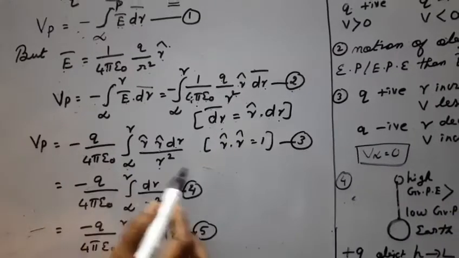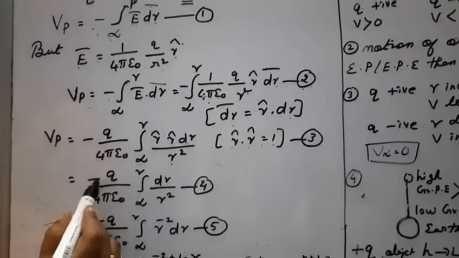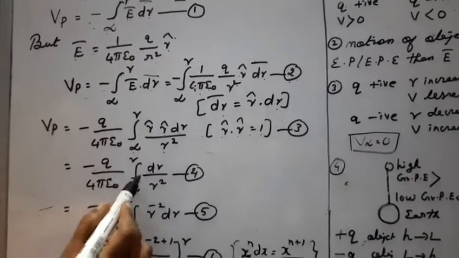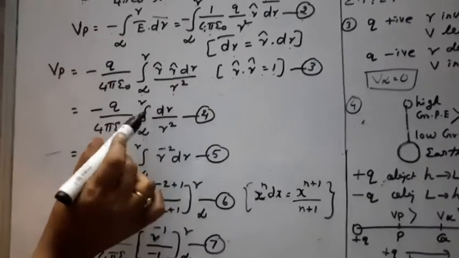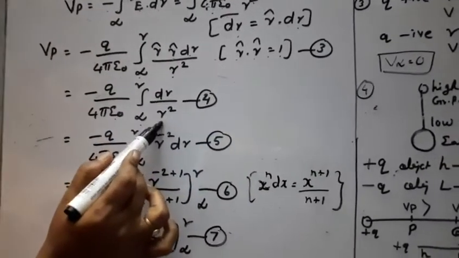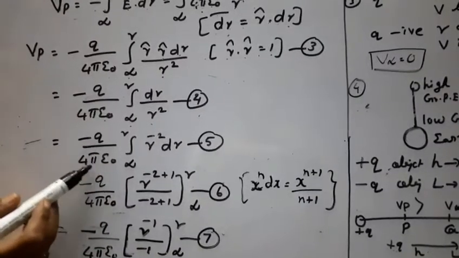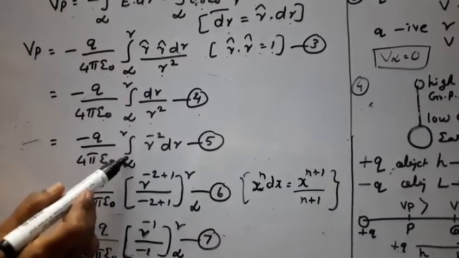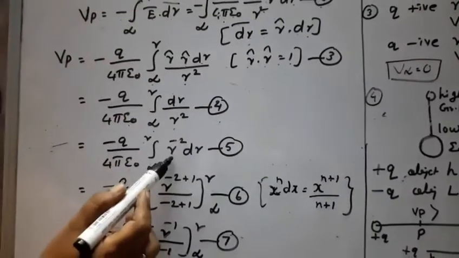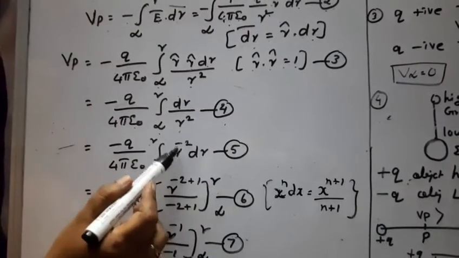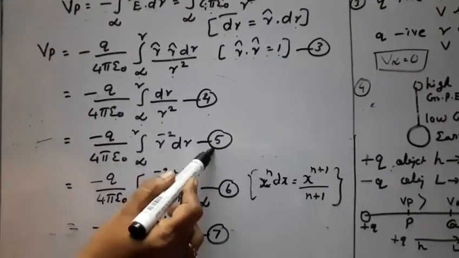We know that r cap dot r cap equals 1, so we substitute this in the next equation: minus q divided by 4 pi epsilon naught integral from infinity to r of dr by r square, fourth equation. Next, minus q by 4 pi epsilon naught integral from infinity to r. This r square is in the denominator, we can move it to the numerator, therefore r to the power of minus 2 into dr. This is the fifth equation.